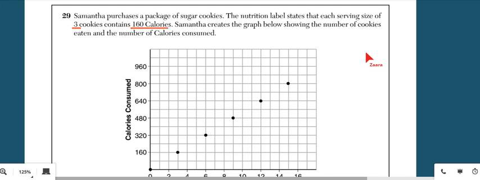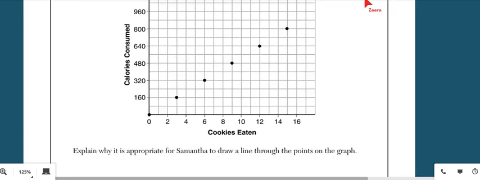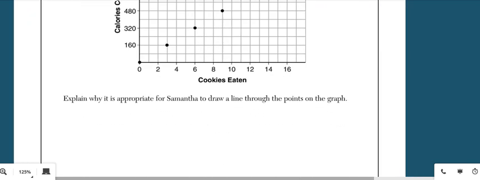Samantha creates the graph below showing the number of cookies eaten and the number of calories consumed. Okay, so we are given the graph. Now, this is the curve. Explain why it is appropriate for Samantha to draw a line through the points on the graph.